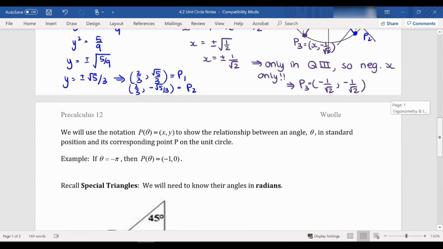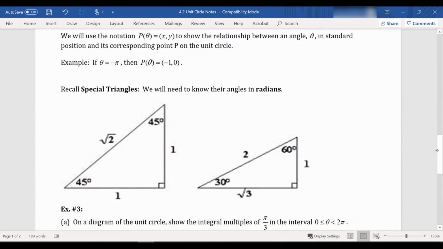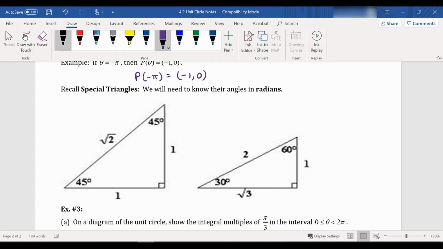So we have a notation here that is P with brackets and a theta equals x comma y. This means the point associated with angle theta is equal to x comma y. So for example, if theta equals negative pi, then P of theta is equal to negative 1, 0, or P of negative pi is equal to negative 1, 0. And we saw this on the front page.